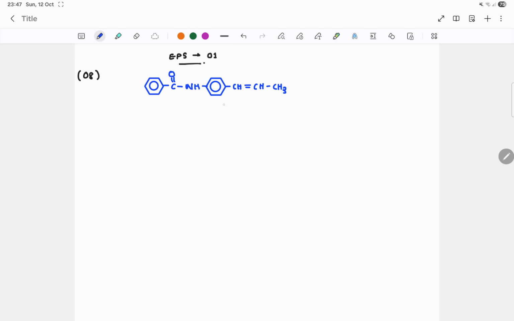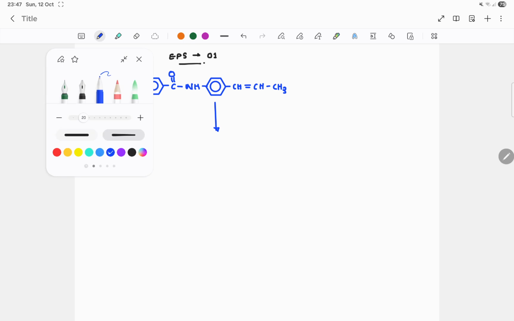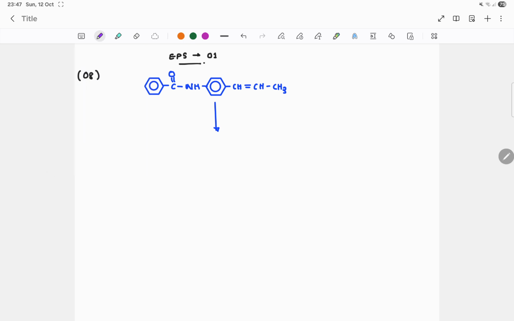The first reaction they have done is adding NaOH first, and then H plus H2O.